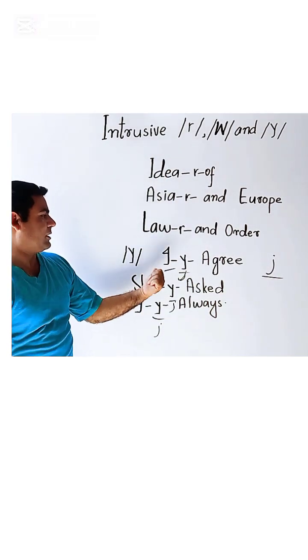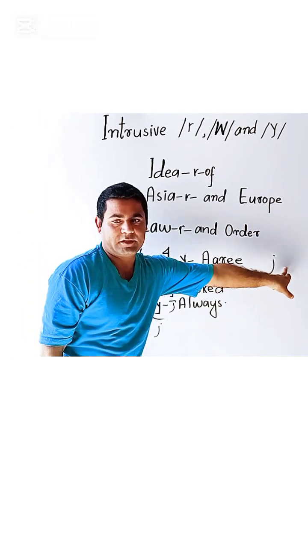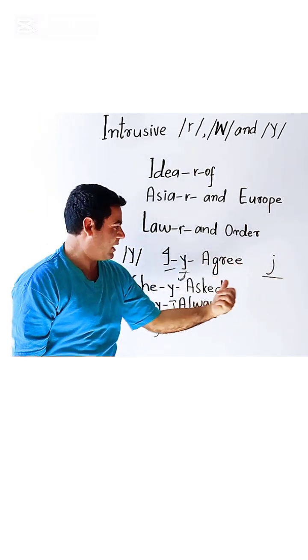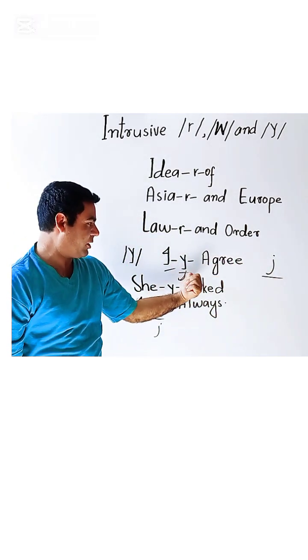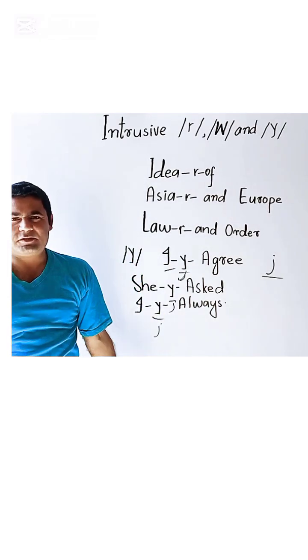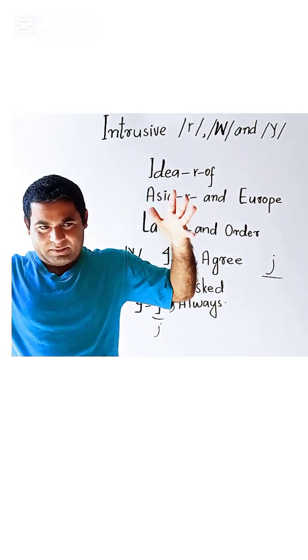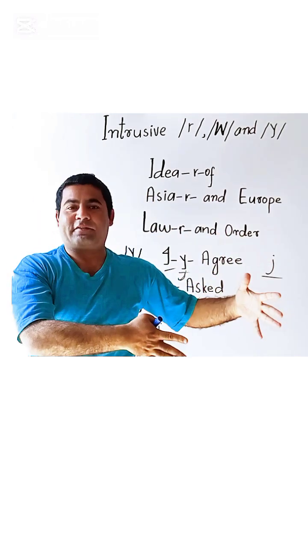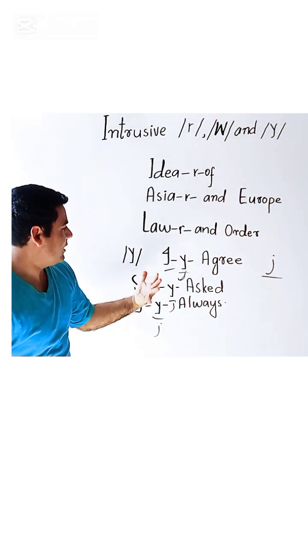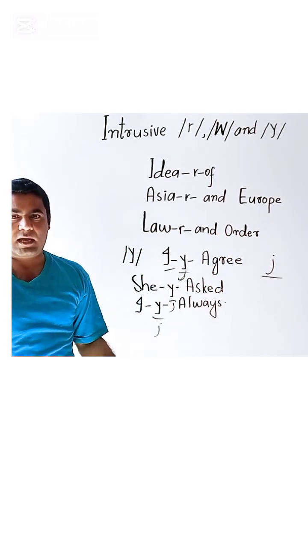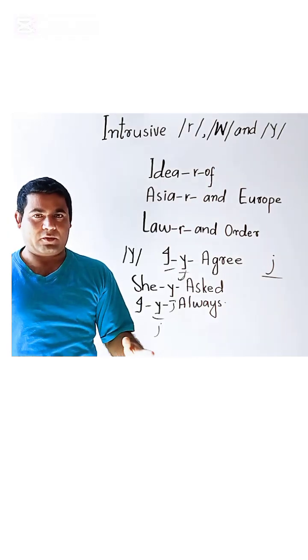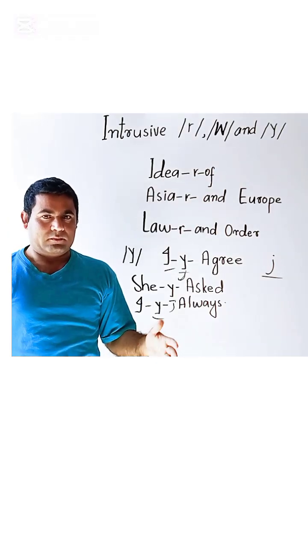The next one is the intrusive y. The phonetic symbol of y is this, but I have written the letter here because for new students, particularly ESL learners, it will be easy because their eyes catch the letter first, not the symbol. "I agree." We don't say "I agree" with a gap.